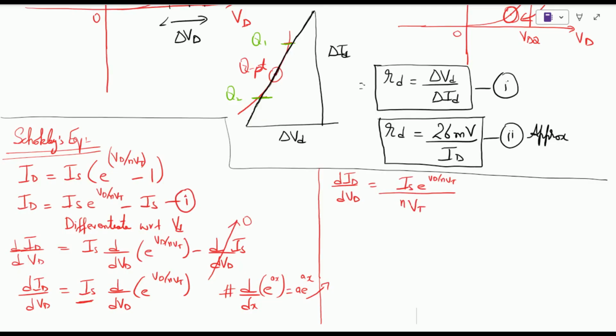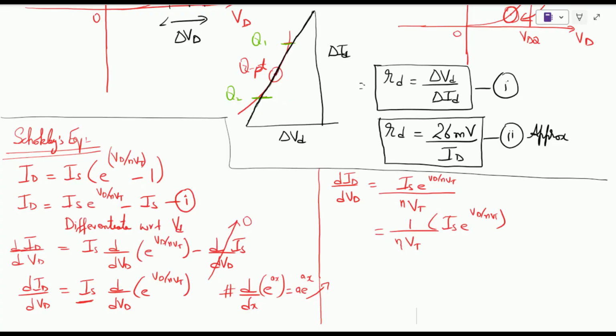So this is what we get after differentiation of this equation. Now if we further look into this equation, we can write it in this form: 1 divided by nVt, and I have Is e raised to power Vd by nVt.